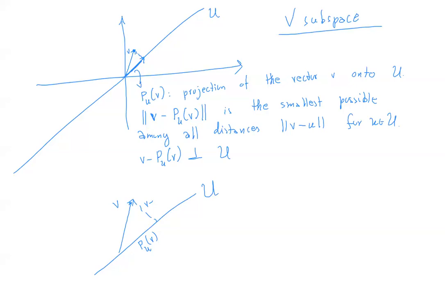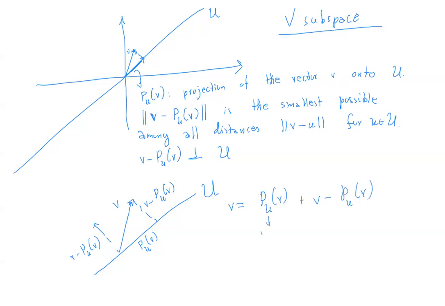Okay, and this is the difference, V minus the projection onto U of V. You can also see it right here. So in other words, the vector V is written as its projection onto U plus V minus that projection.